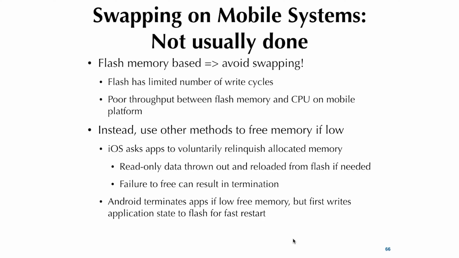And also you want to avoid doing a lot of rewrites on flash. Why? Flash has limited rewrite cycles. NAND flash may be on the order of, say, 100,000 cycles. And so if you do swapping or even paging, you could actually wear out flash.